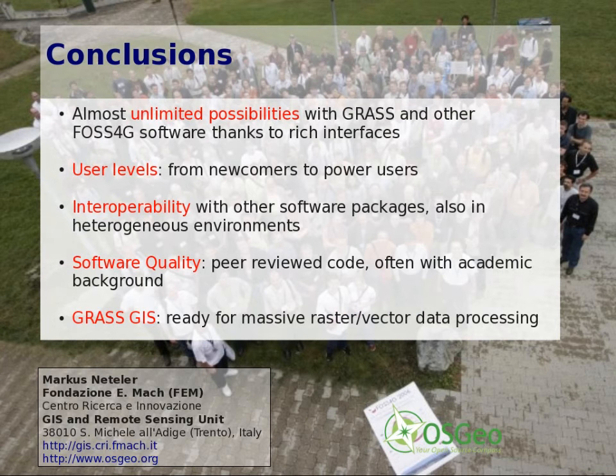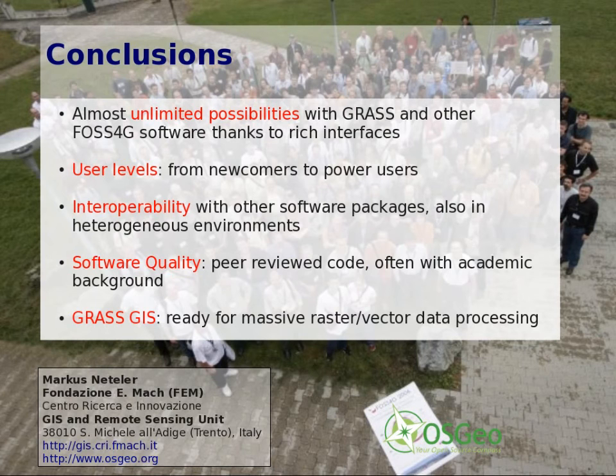To come to a conclusion, we would state that there are almost unlimited possibilities with GRASS and related OSGeo software, thanks to rich interfaces. Rich interfaces in terms of data exchange, in terms of import-export of different formats, and also in terms of user interfaces.